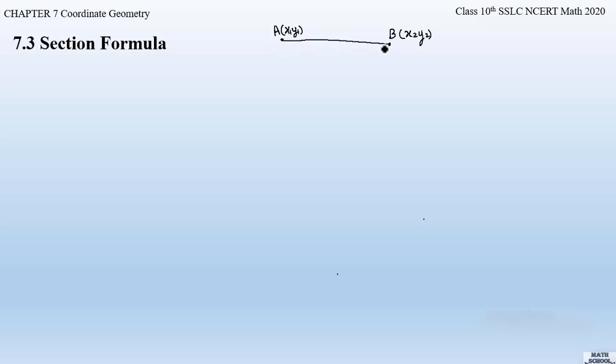Previously we learned the distance formula, where we found the distance between any 2 points such as A and B. In this section formula, if you have a point P anywhere between these 2 points, with coordinates x, y, then this point P divides the line AB in a ratio, for example m1, m2.